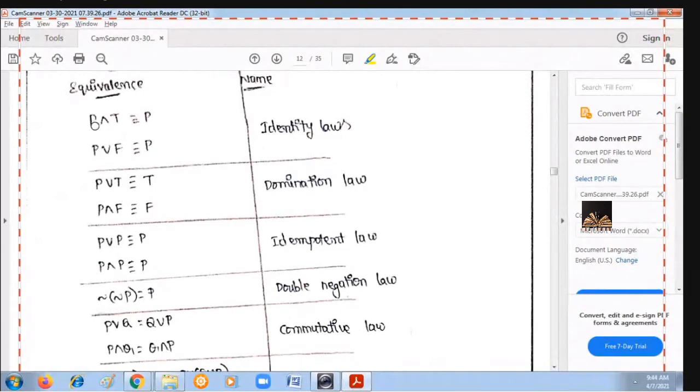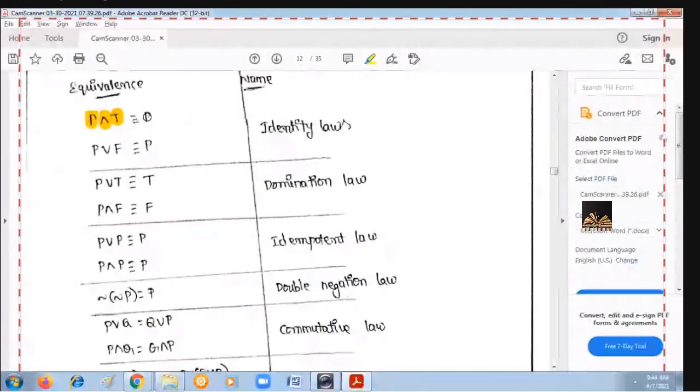So when you observe here, this is an AND connective. AND connective means what? Both the values should be true, then only the result is true. So here one value is decided that it is true. So the result always depends on the value of the second. If it is true, it is true. If it is false, it is false.